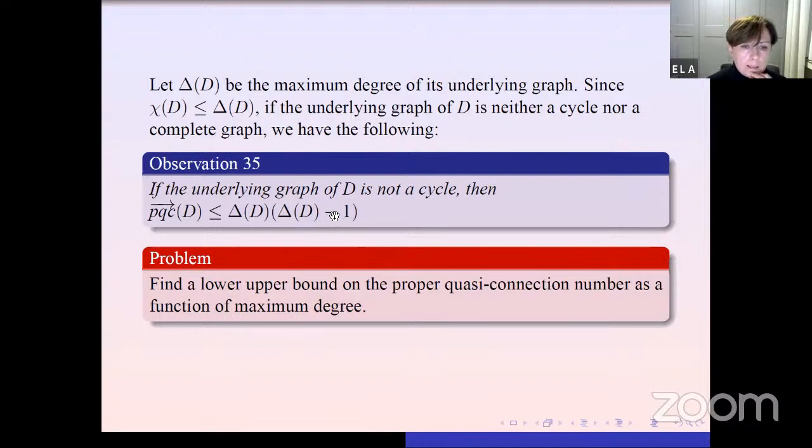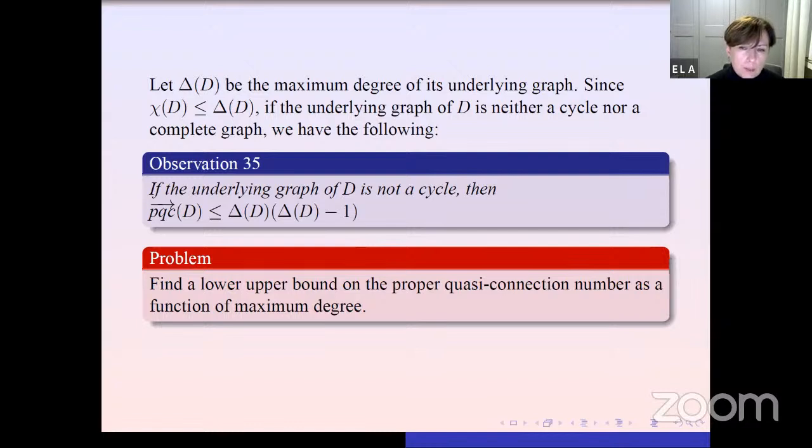And also we can ask about the lower bound as a function of the maximum degree. As we observe in our construction of digraphs with a large proper quasi-connection number, the graphs always have a large maximum degree.